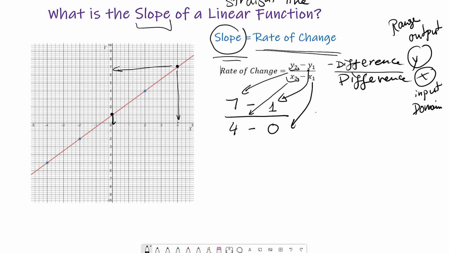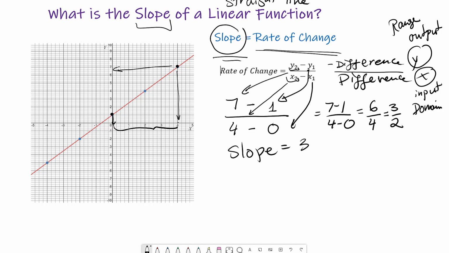So we have 7 minus 1 divided by 4 minus 0. So we looked at the slope as we can calculate it between these two values. 7 minus 1 is 6, 4 minus 0 is 4, 6 quarters is exactly 3 halves. So our slope here is 3 halves.